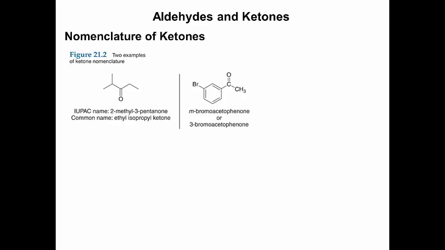Two examples of ketone nomenclature: the IUPAC name for the first compound is 2-methyl-3-pentanone, whereas its common name is ethyl isopropyl ketone. The second compound has the common name meta-bromoacetophenone, or the IUPAC name 3-bromoacetophenone.